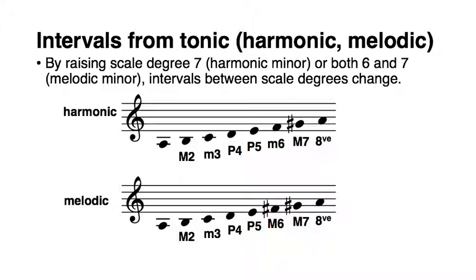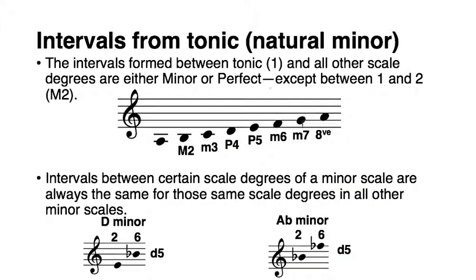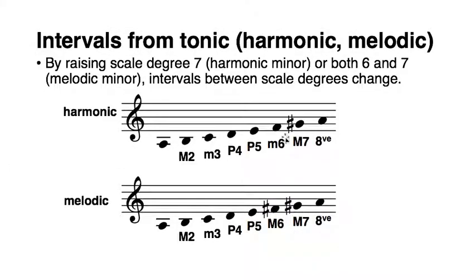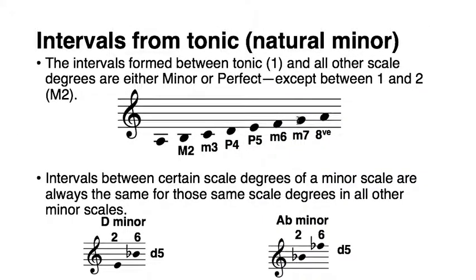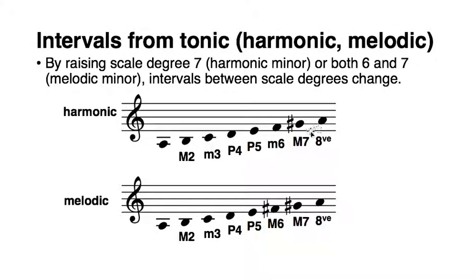However, as the music demands, composers will often raise scale degree 7, that subtonic, to a leading tone to increase the pull back towards tonic, reducing the distance that was of a whole tone to that of a semitone.